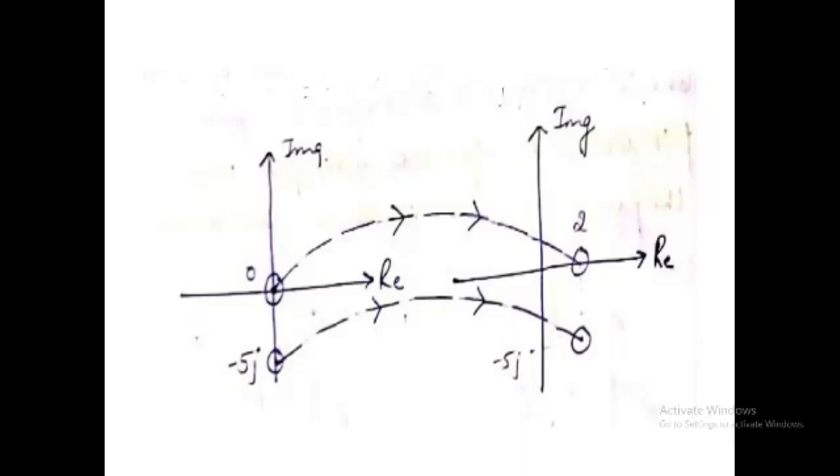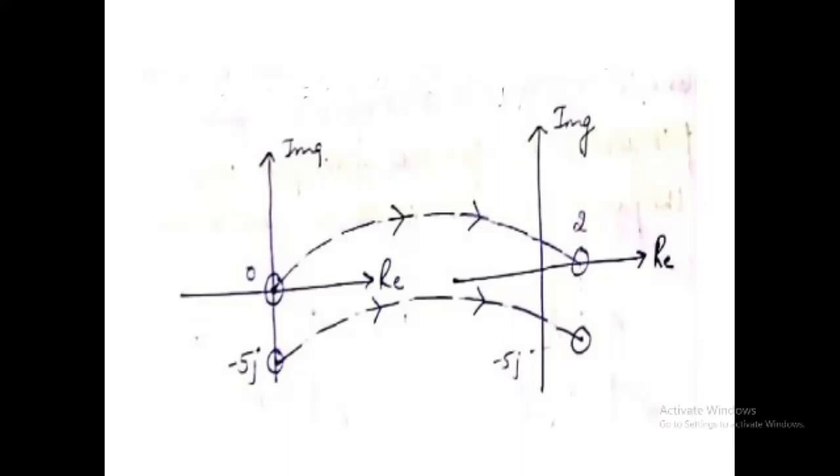The Nyquist criterion can be applied to both the open loop transfer function and the closed loop transfer function. For the open loop transfer function, the characteristic equation is 1 plus G(S)H(S) equals 0, which gives G(S)H(S) equals minus 1.